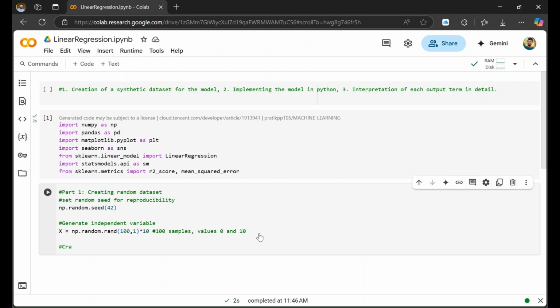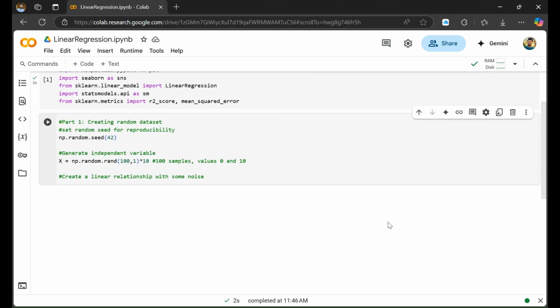Create a linear relationship with some noise. Now, why I'm doing this is, if you know the linear relationship of your data set, it will help us verify whether our model is working correctly or not. That's why I'm defining a relationship.